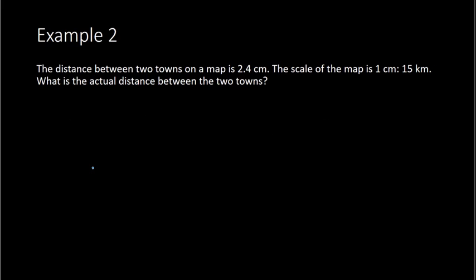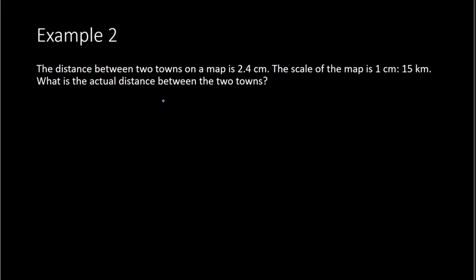Example 2. We can use the scale, once we have determined it, to then calculate maybe the actual distance or the distance that something should be on the map from each other. So for example, here the distance between two towns on a map is 2.4 centimeters. And the scale of the map is 1 centimeter to 15 kilometers.